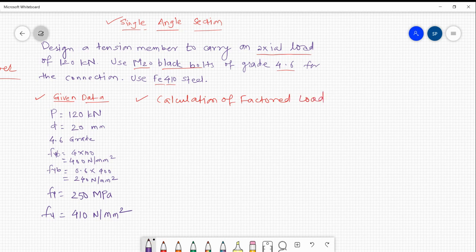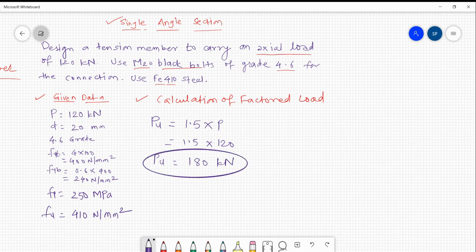Denote it by PU. PU stands for factored or ultimate load, and this is equal to 1.5 multiplied by P. So 1.5 multiplied by 120, this appears to be 180 kilonewton. This is the value of ultimate load. Now once you get ultimate load, then you have to move on to the next step.